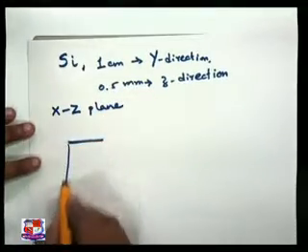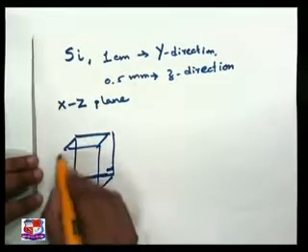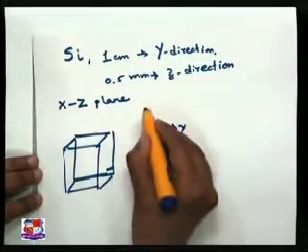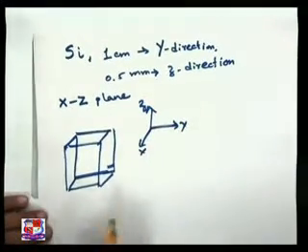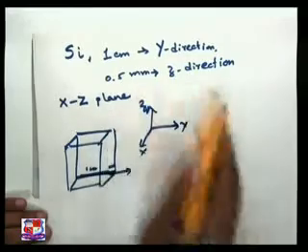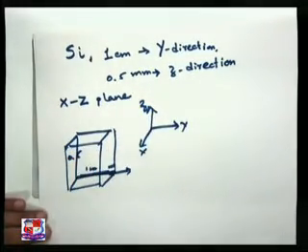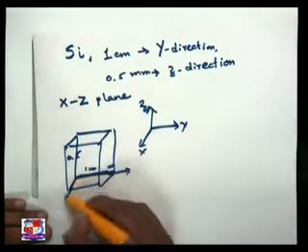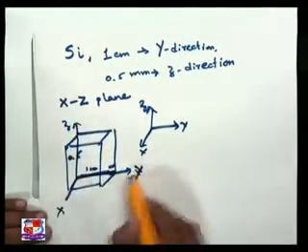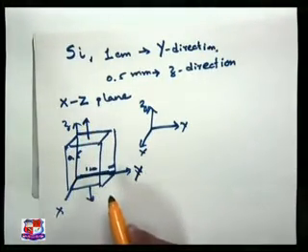Say if you have this specimen here, and these are the conventional directions x, y and z. 1 cm along y direction, so this is 1 cm. 0.5 mm along z direction, so this is 0.5, and along the xz plane the Hall probes are attached, right?